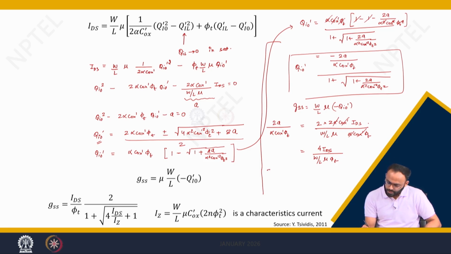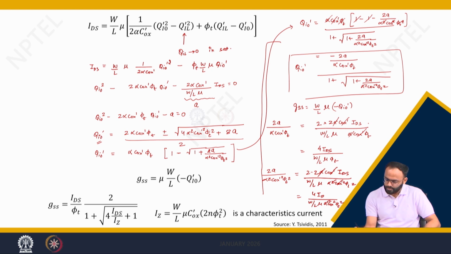Now define 2A divided by alpha square COX dash square into phi t square as 2 into alpha COX dash into IDS divided by W by L into mu into alpha square COX dash square into phi t square. One alpha, one COX dash get cancelled, you will be left with 2 into 2, 4 IDS divided by W by L into mu into alpha into COX dash into phi t square, right.